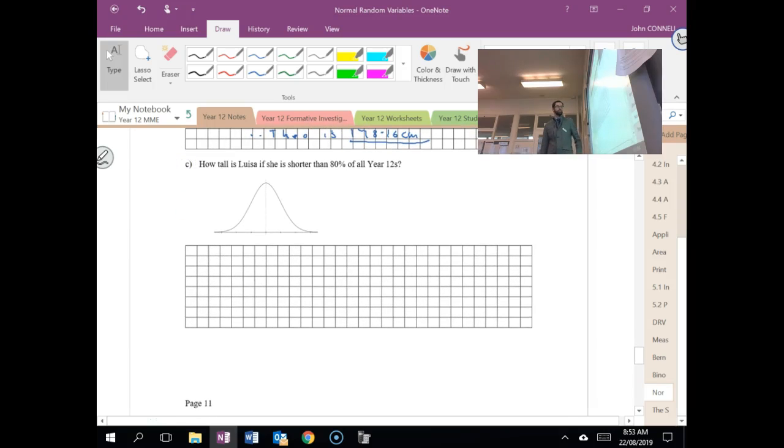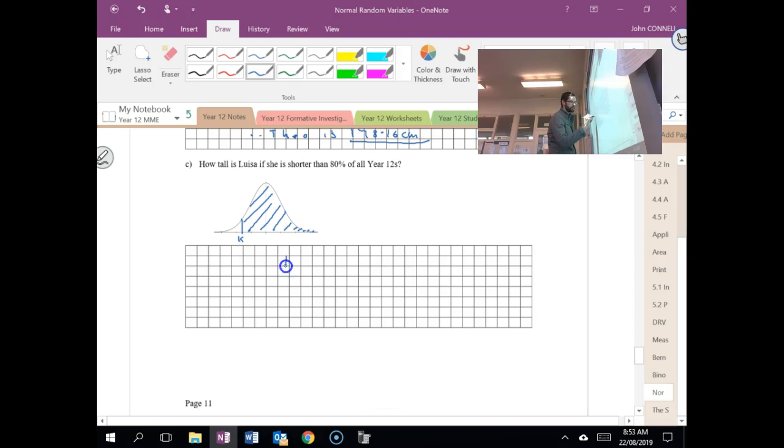How tall is Louisa if she is shorter than 80% of all Year 12s? Well, in this case, she might be down around there, but she's got 80% to her right, so she's shorter than 80%. So all the area above her counts for 80% of the whole population.